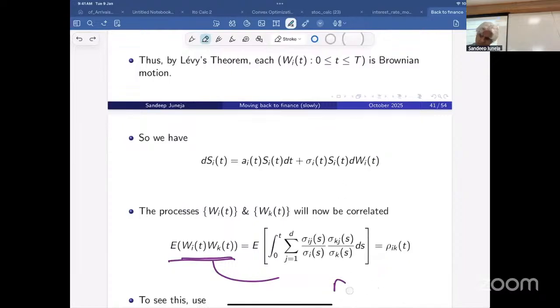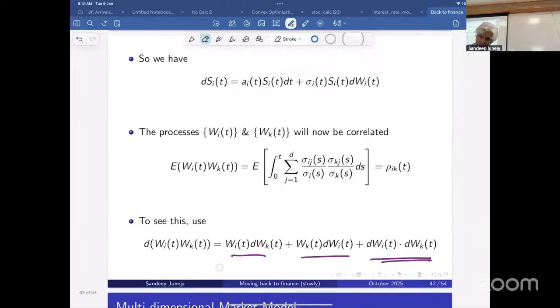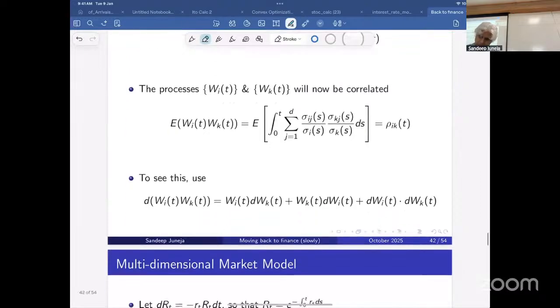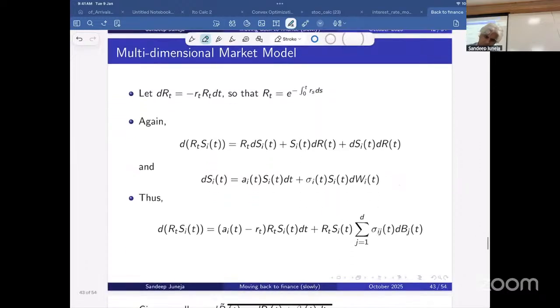Our tool for any kind of analysis is Ito's lemma, which is what we apply here. Now we are back here. We want to come up with a change of measure which makes the discounted process a martingale, because that's going to help us do computation later.